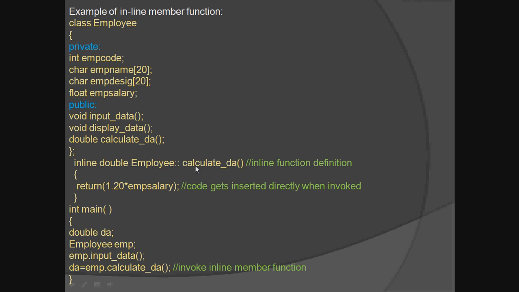After executing this formula, it will return the value back to the calling function. In the main function, you can see that the variable DA is declared as type double. The class employee is declaring an object EMB.